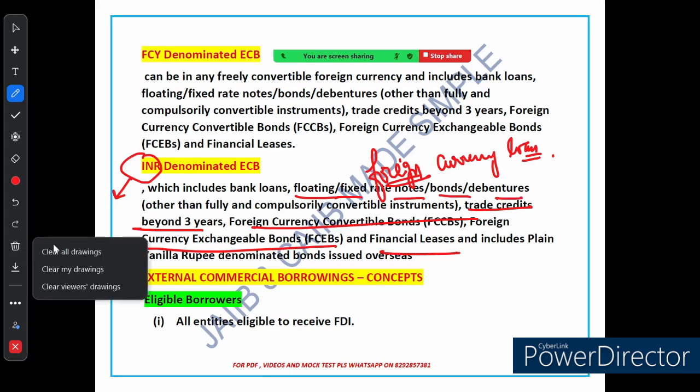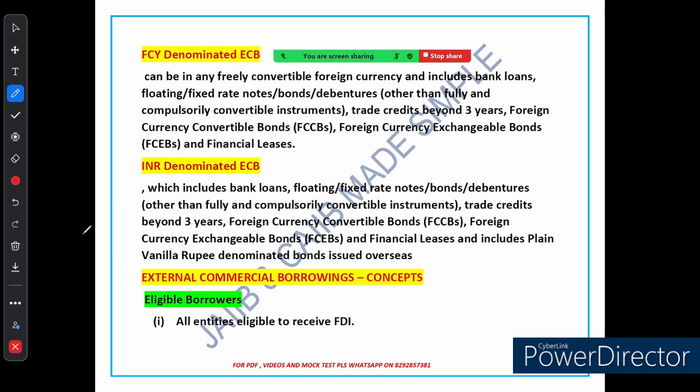So these are the points I am talking about. So what is the difference? Everything looks similar, but the difference is that the loan is provided in Indian rupees, that is called INR, and not in foreign currency.